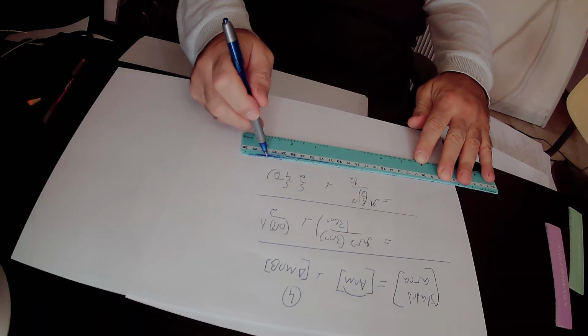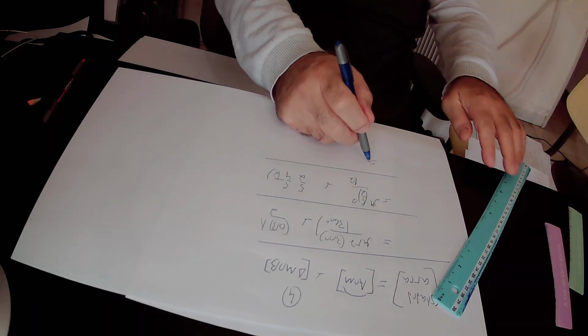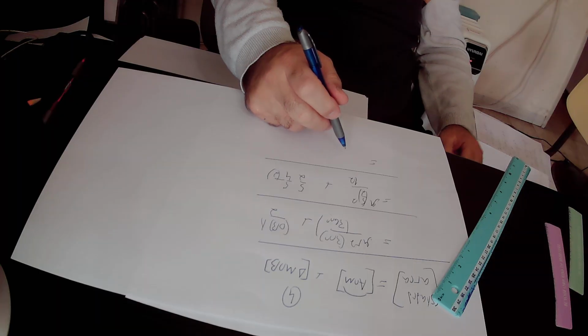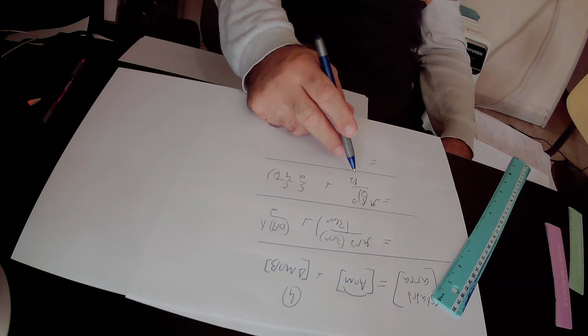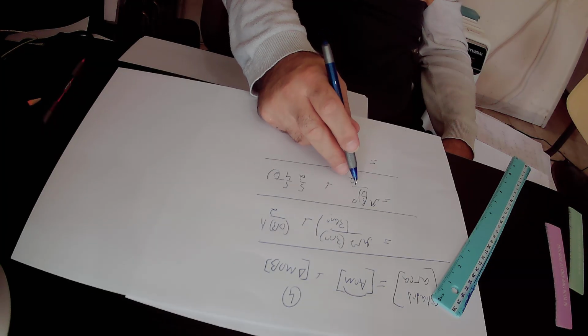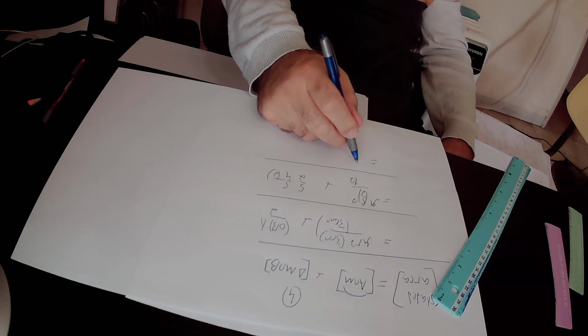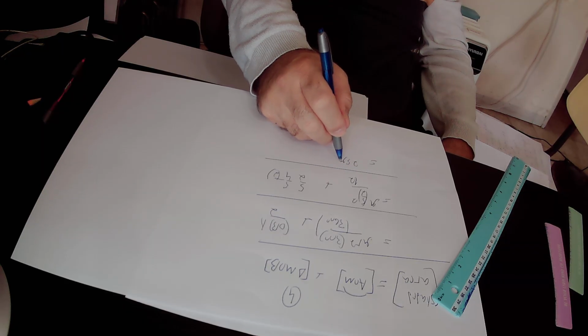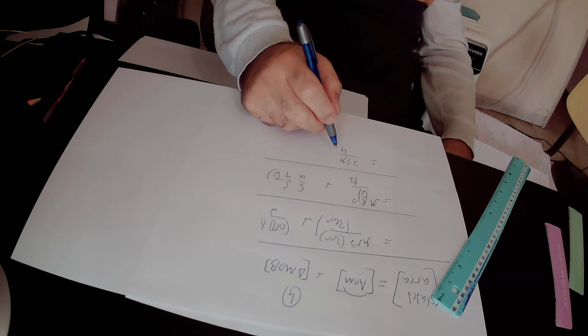So we have here pi times (5 over 2) squared. (5 over 2) squared equals 5 squared over 2 squared, that is 25 over 4. So we have here 25 pi over 4 over 12.